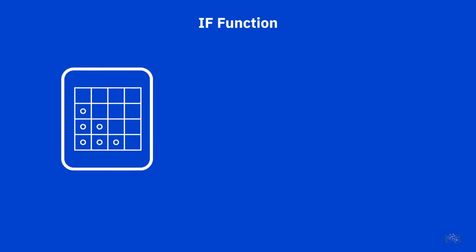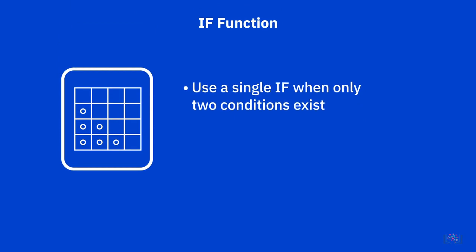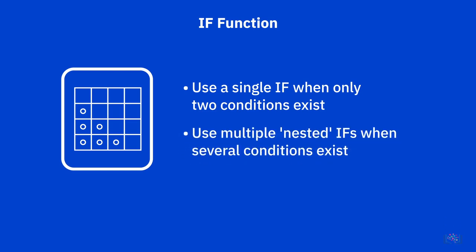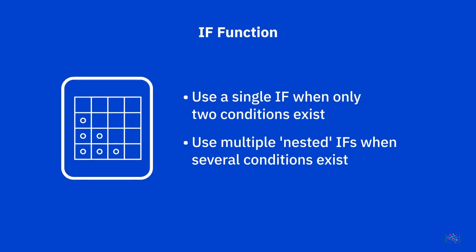In an ideal world, you would only use the if function to apply one or two conditions, but there may be scenarios where you would want to apply multiple conditions. In these cases, you can use the nesting capabilities of functions to bring together several if statements in one formula. These are called nested if functions.